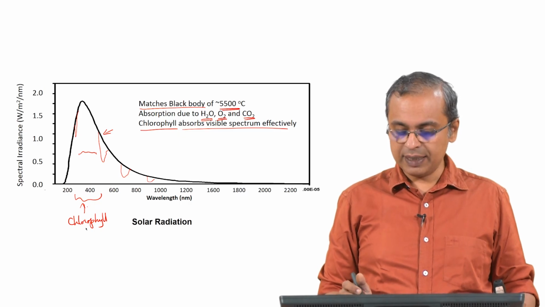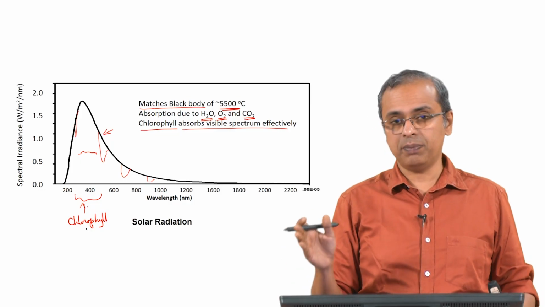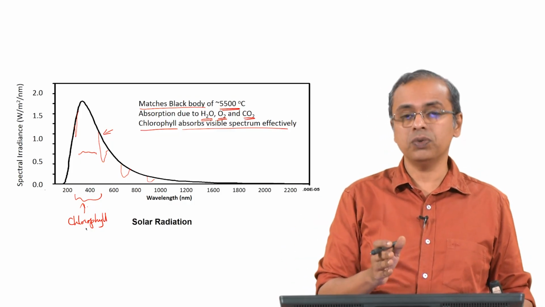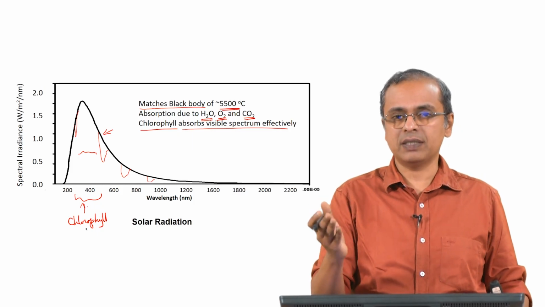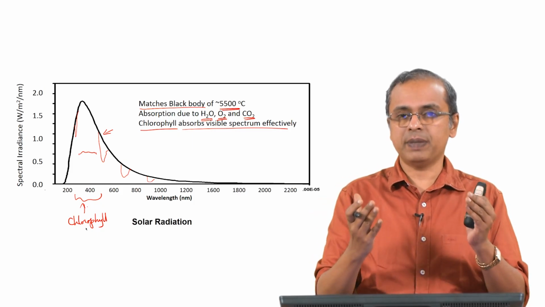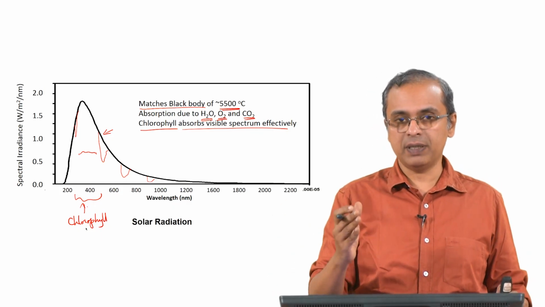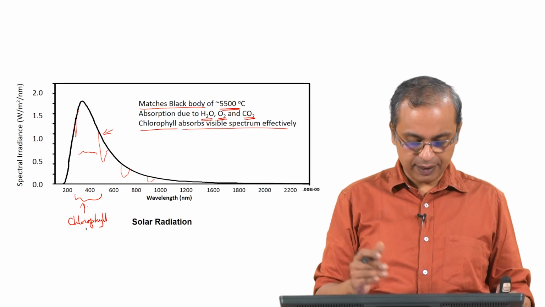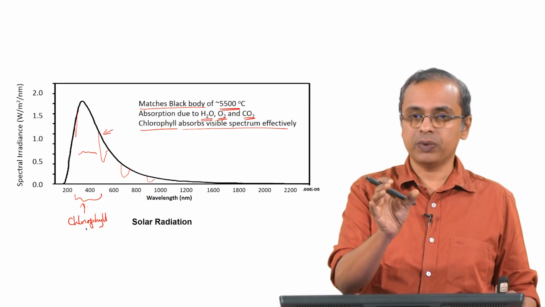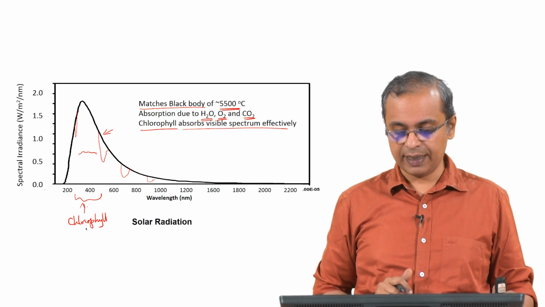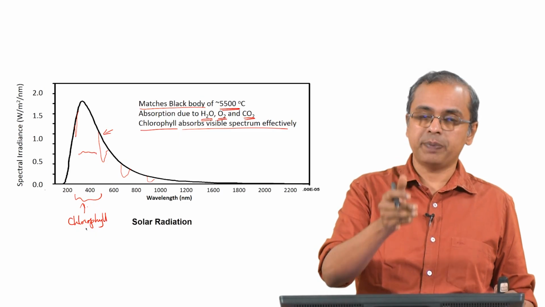So, you can see therefore a fair bit of the solar spectrum is in the visible range, but you actually have quite a bit in the infrared and the ultraviolet range also. In fact, you will see later that a fair bit is available in the infrared. So, if you only capture the visible spectrum, you are not doing enough justice to the solar spectrum. A significant part is available in the infrared, and the chlorophyll that exists naturally in plants is doing a good job of capturing this sunlight because of the absorption spectrum and how it relates to the spectrum coming from the sun.